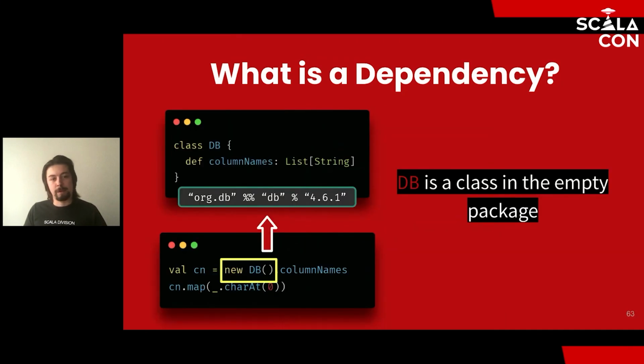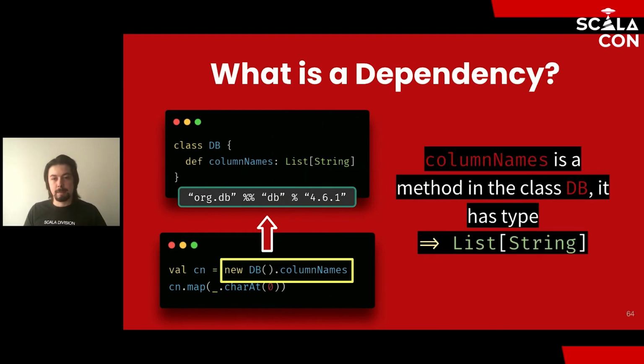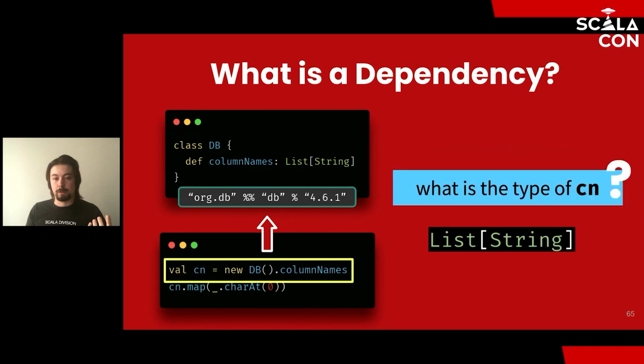We know that database is a class in the empty package, and it has a method column names, and that method has the type of a method that returns a list of string. So now we can answer our question: cn has type list of string, and therefore when we call map char at 0, we're going to get a list of char.